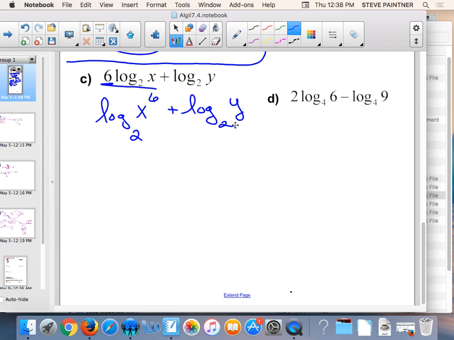What does plus go with again? Multiplication. So now it's log of what 2 numbers multiply? x to the 6th and y, base 2. Right? Just using the 3 properties I introduced. Addition of 2 logs goes to multiplication of 1 log, or vice versa.